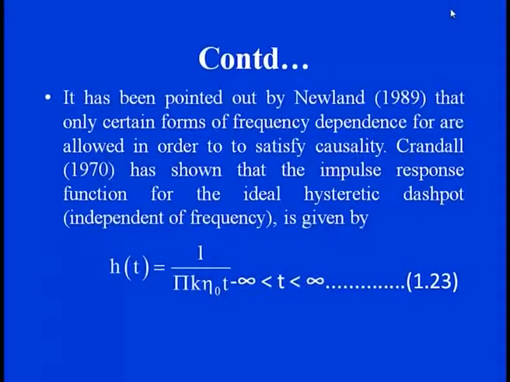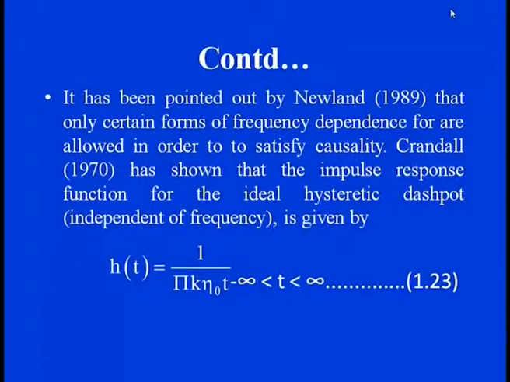So, Newland in 1989 says that only certain forms of frequency dependence are allowed, for certain kinds of causality, because it is satisfying those things only. So when we are taking those causalities in the form of the impulse response function, we can say that for these things we can represent the ideal hysteresis dashpot, which is independent of the frequency function, and we can adopt it directly for this compensation.